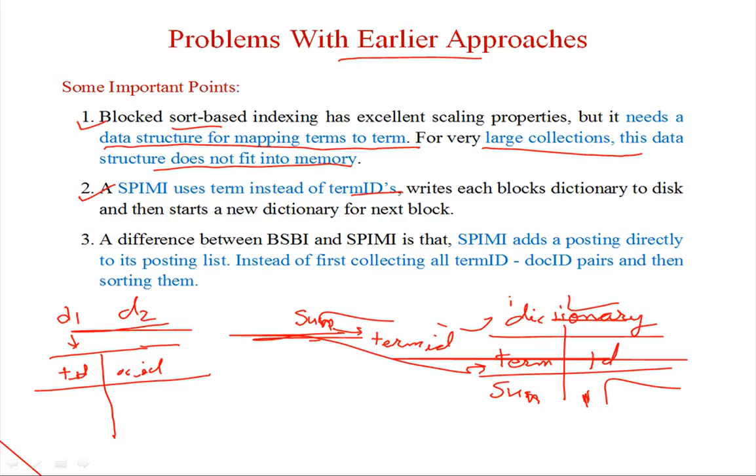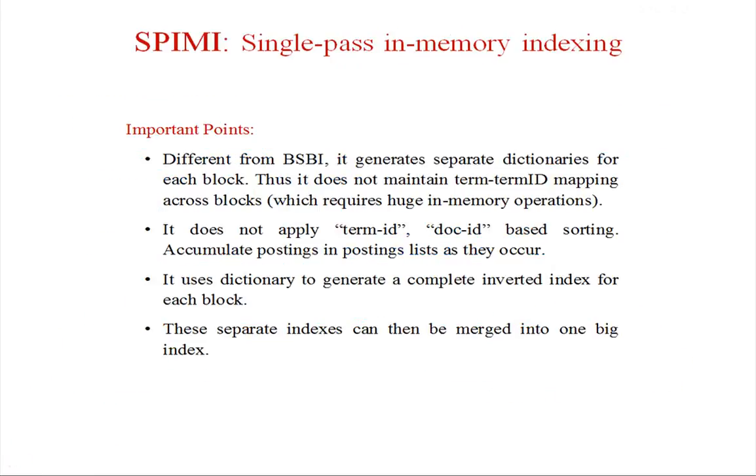The difference between BSBI and SPIMI is that SPIMI adds a posting directly to its posting list instead of first collecting all term ID and document ID pairs and then sorting them. Means it doesn't apply any sorting. So it also saves memory space and time both.